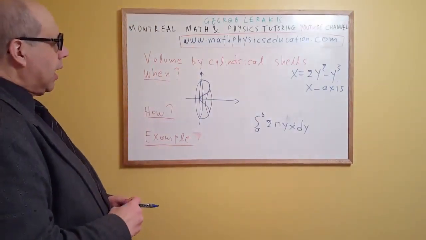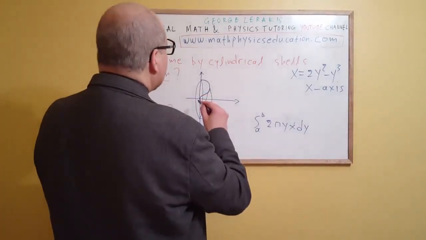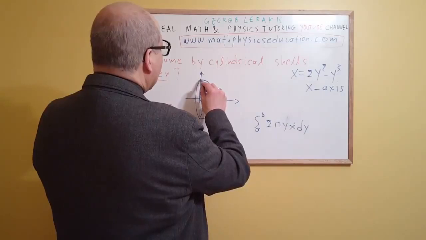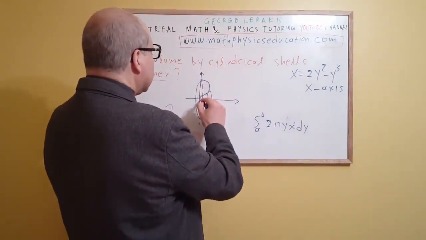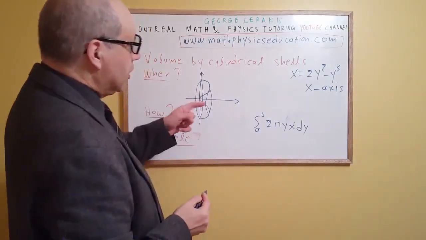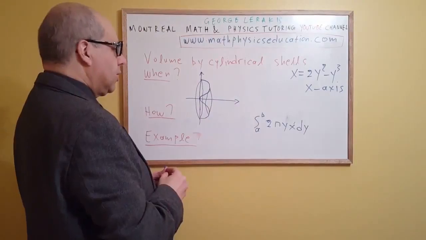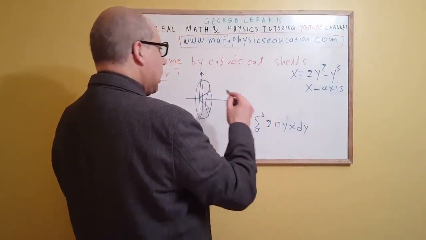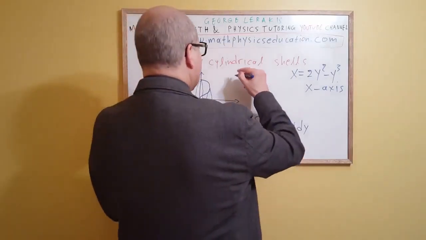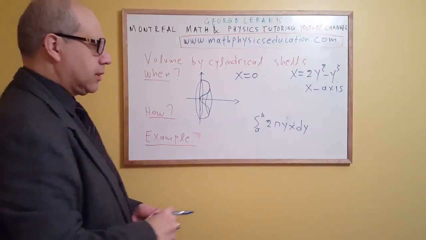Now, we have to find what these points are, this and this. They are the points of intersection of this function with the y-axis, or x equal with 0, which is the equation of the y-axis.